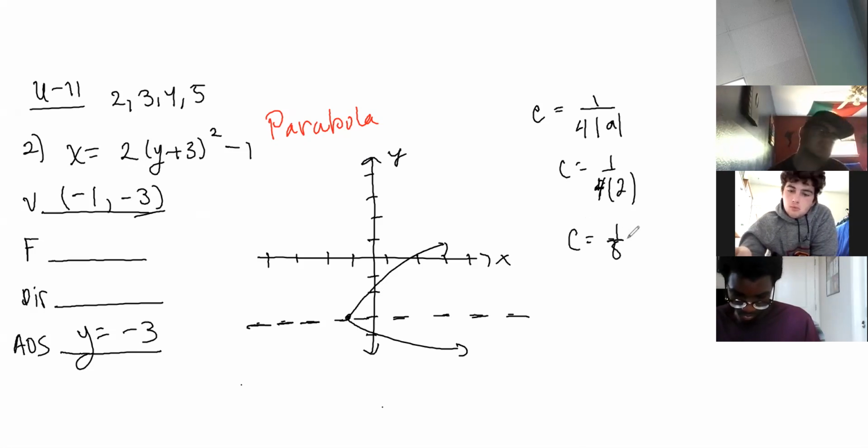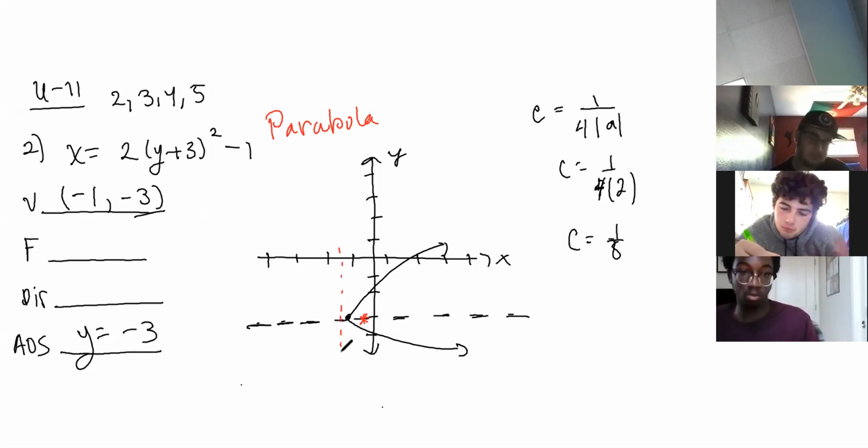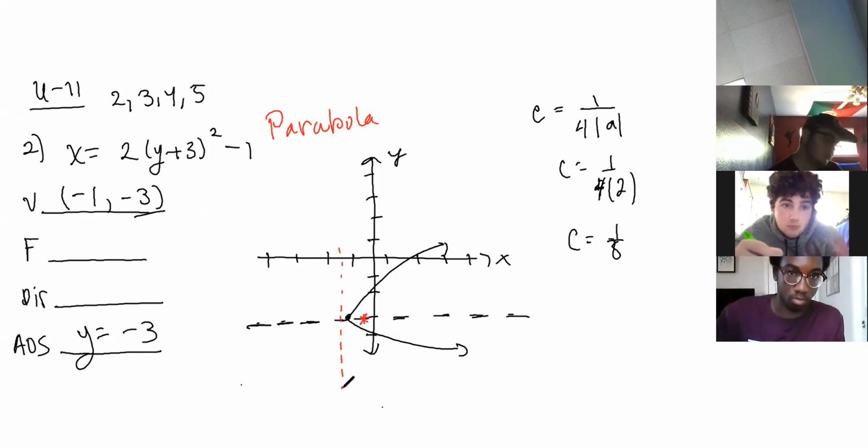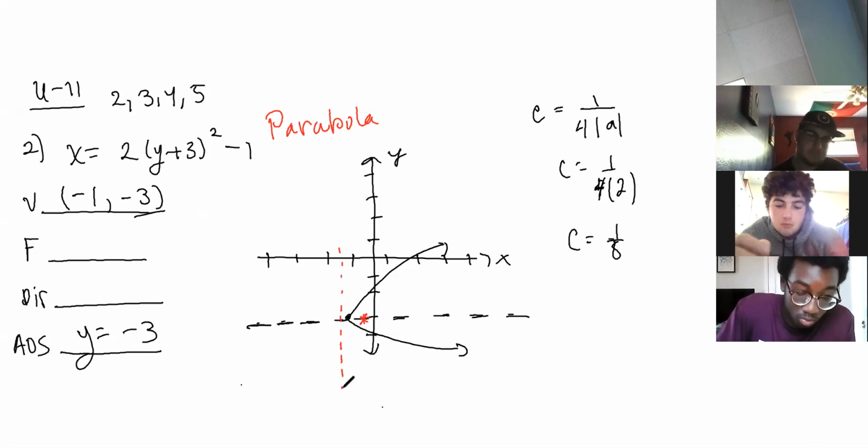So 1/8. So we're going to go right 1/8 and put a dot for the focus, and left 1/8 and put a dotted line for the directrix. Why that way? Because the focus is always inside the cup and the directrix is always outside the cup.